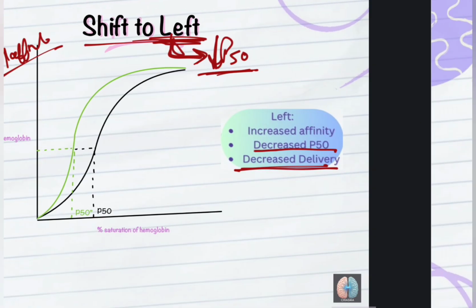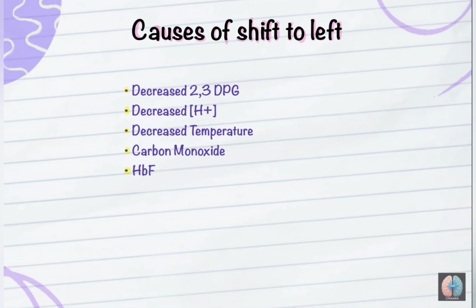Now, similarly for the right, we have the causes of shift to the left. 2,3-DPG. So this stinky, sweaty person is no longer there in the e-rickshaw. You can easily come and sit there comfortably. Alright? So we now know this. And there is decrease in H plus and also decrease in temperature.